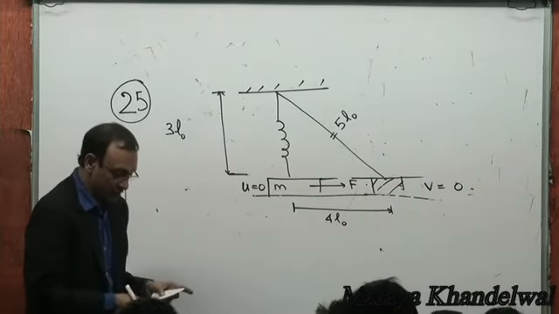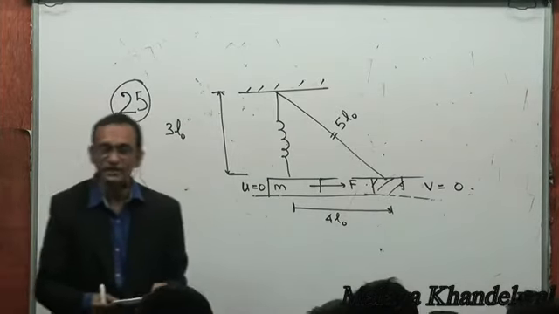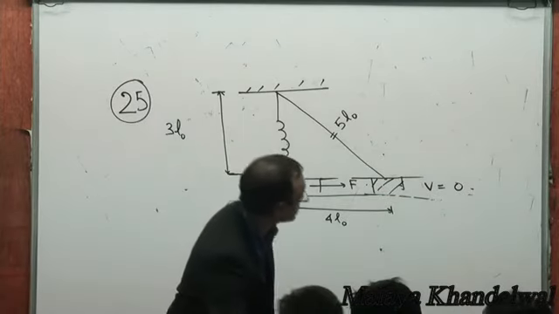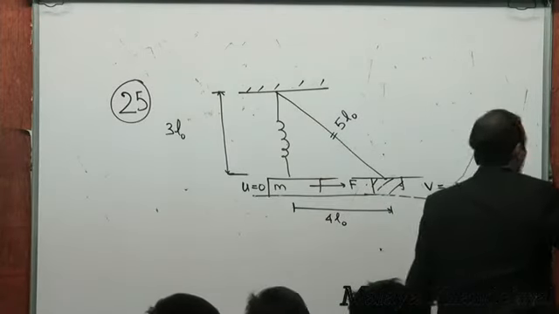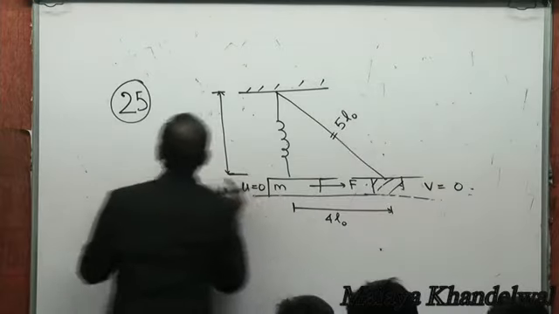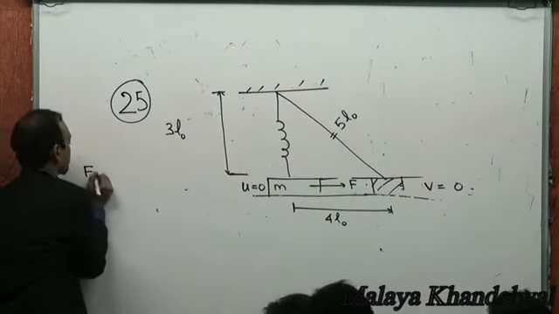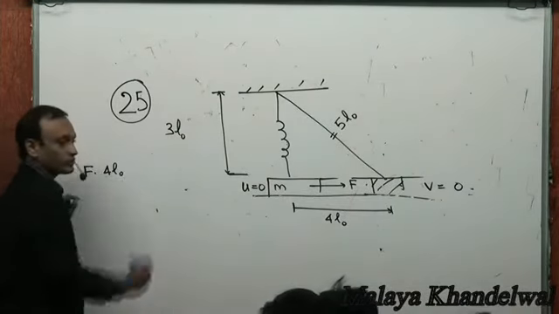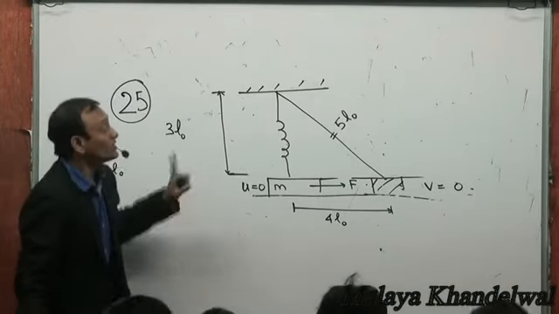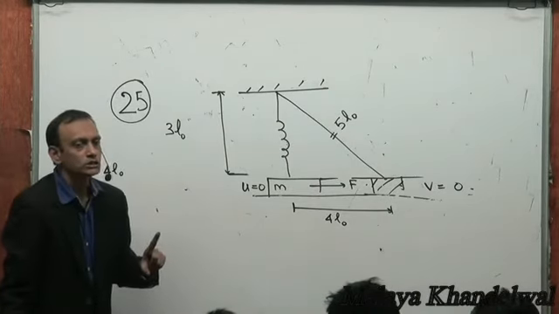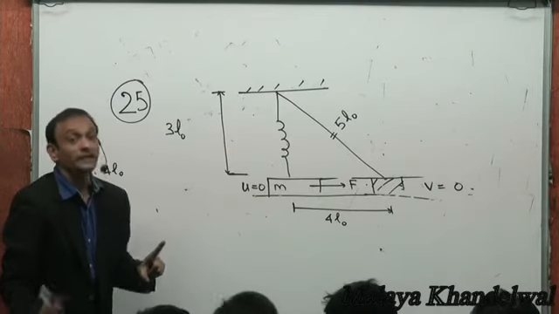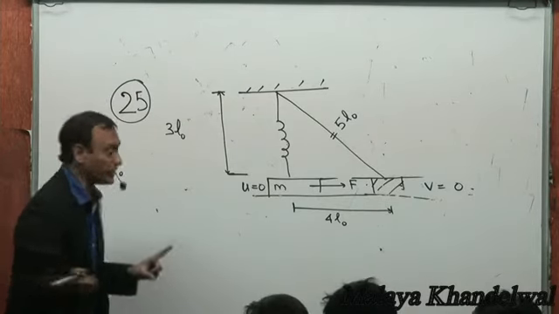I need to be able to find the constant force F under these conditions. Simple. I'll apply the work energy theorem. What's the work done by F? F into 4L0. Right? What's the work done by the spring force? Negative of the change in elastic potential energy.